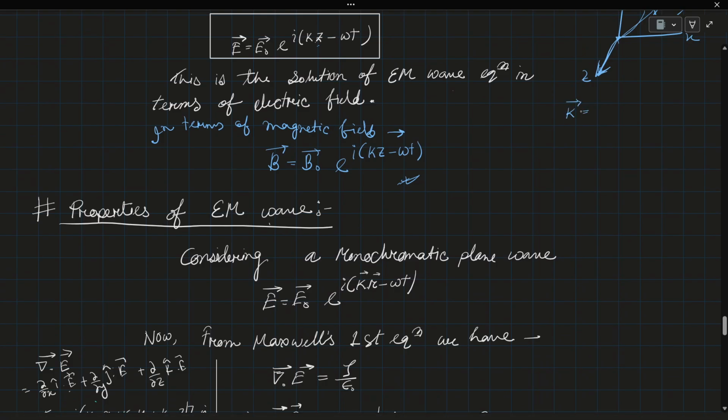I was saying that k is the wave vector, so kx i cap plus ky j cap plus kz k cap, right? But if the wave is moving only in the z direction, that means the k cap direction, then these two terms will be zero and we will have only this term.